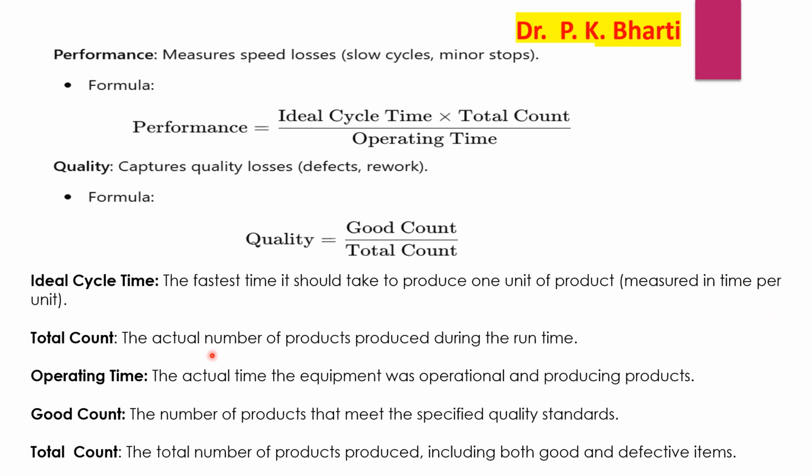Total count is the actual number of products produced during the runtime. Operating time is the actual time the equipment was operational and producing products. Good count is the number of products that meet the specified quality standards, and total count is the total number of products produced, including both good and defective items.